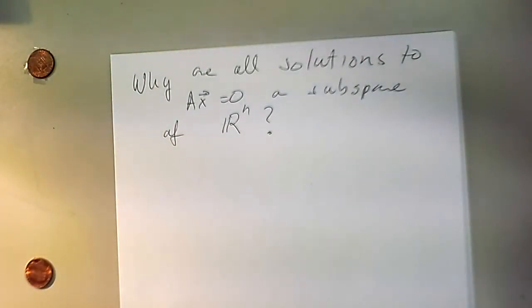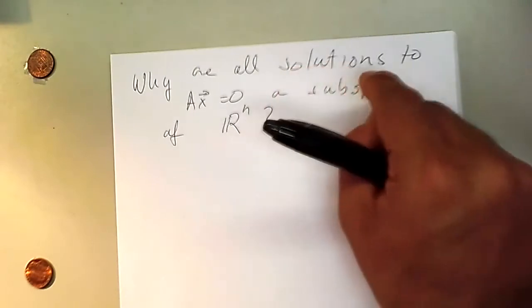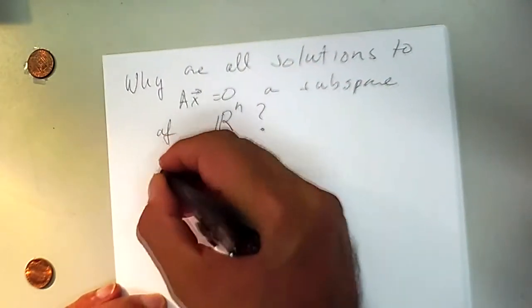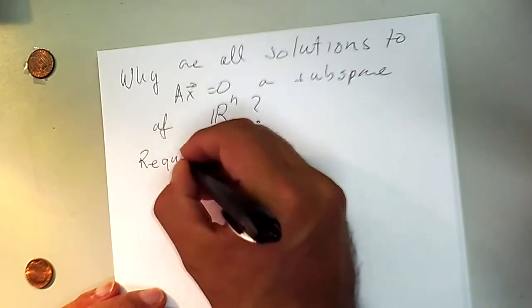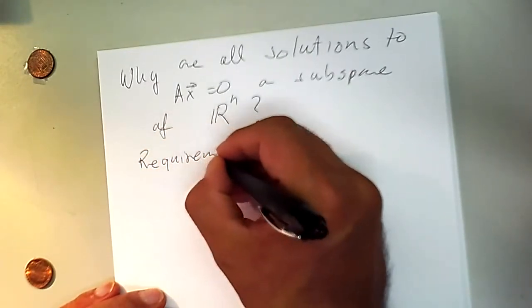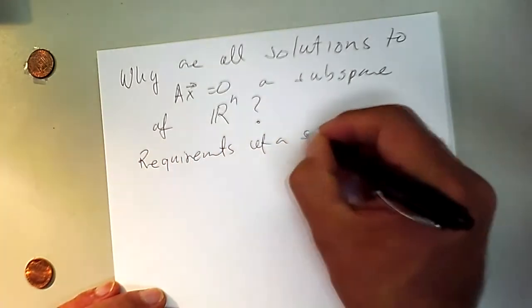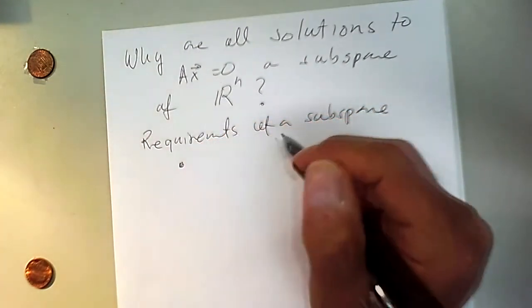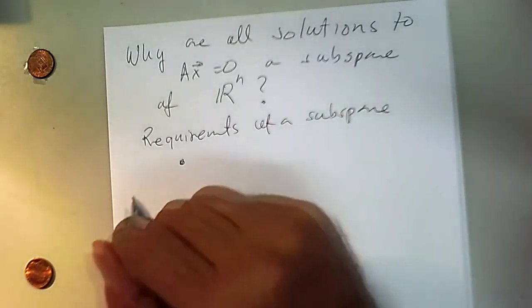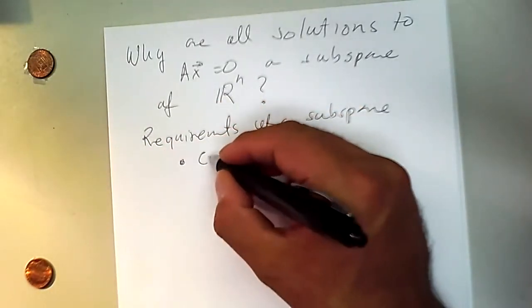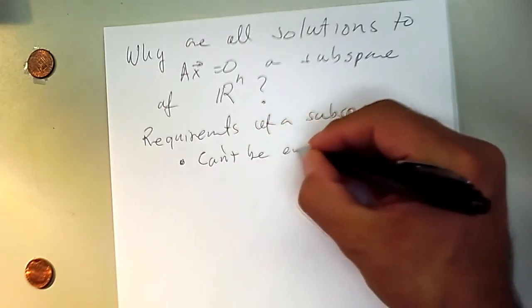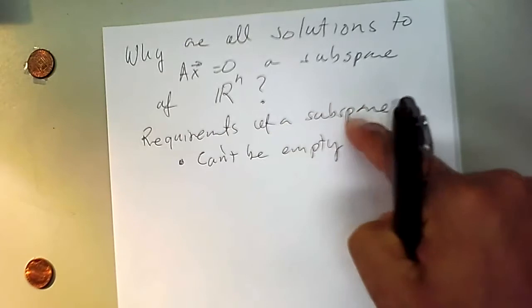So in a subspace, we have to have requirements of a subspace. Well, 3 really. It can't be empty. So we have to have at least one element.